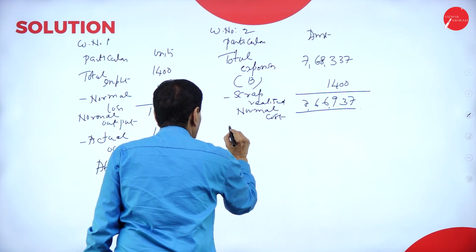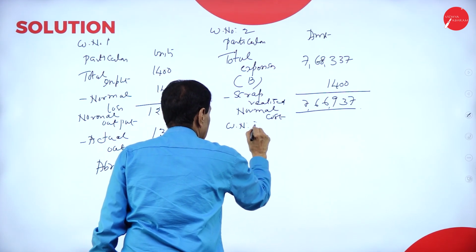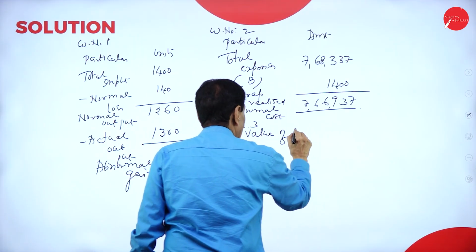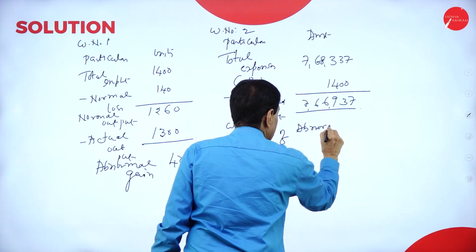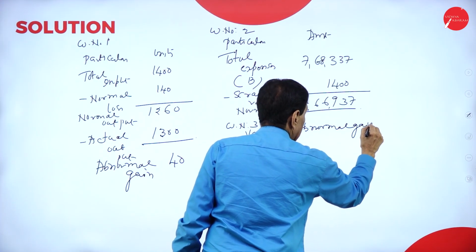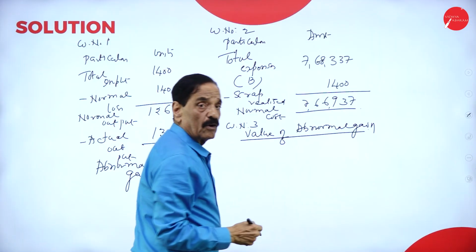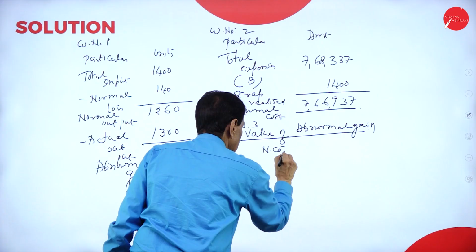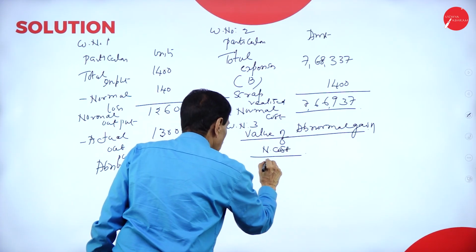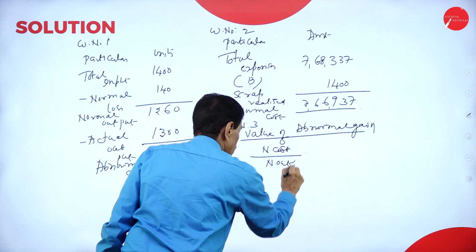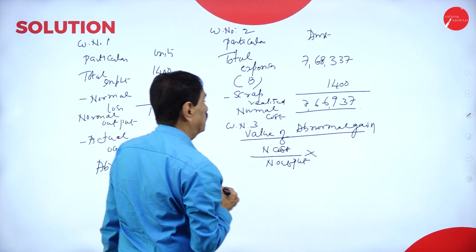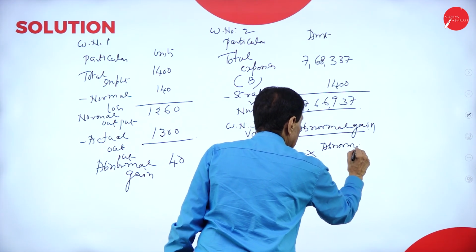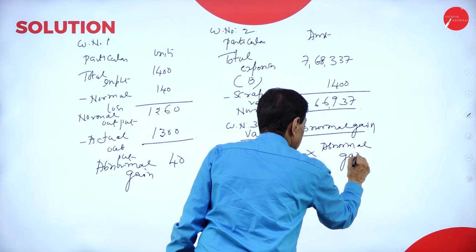Then working note number 3, value of abnormal gain. Value of abnormal gain is normal cost divided by normal output multiplied by abnormal gain units.